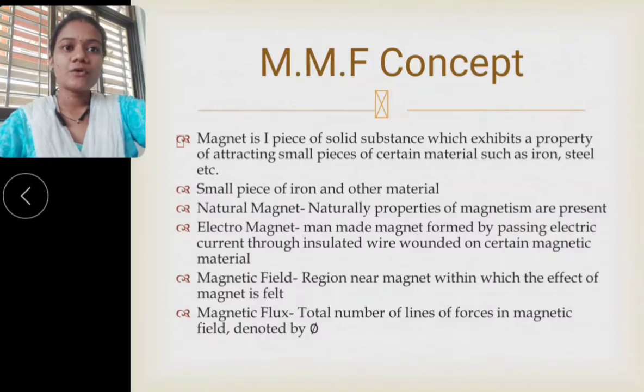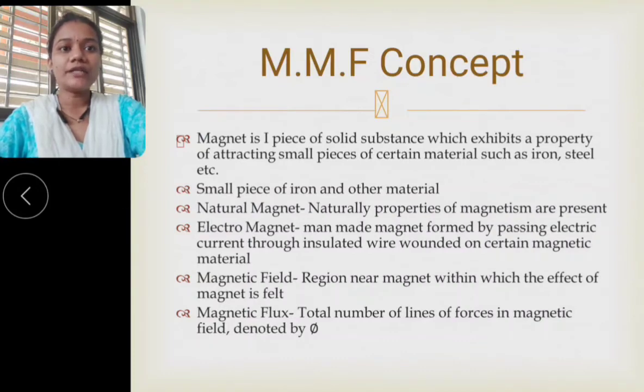It has two types: natural magnet and electromagnet. A natural magnet has the properties of magnetism present naturally. An electromagnet is a man-made magnet formed by passing electric current through insulated wire wound on a certain magnetic material. Now what is magnetic field?